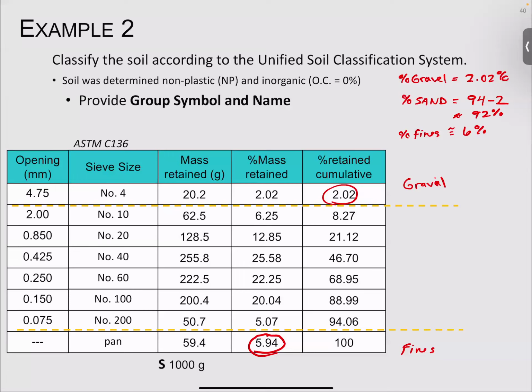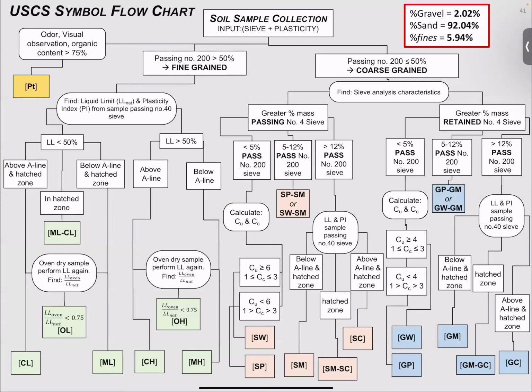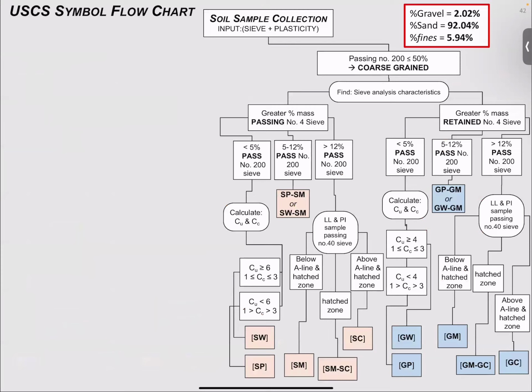So what should we expect the group symbol to start with? An S, yeah, right? It's going to be in that middle part of the chart. Let's follow the chart to show it. The first step is to look at that 200 sieve. We have less than 50% passing, so the majority of our material is going to be coarse grained.